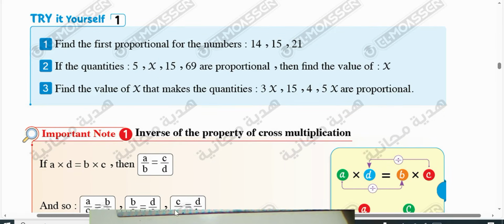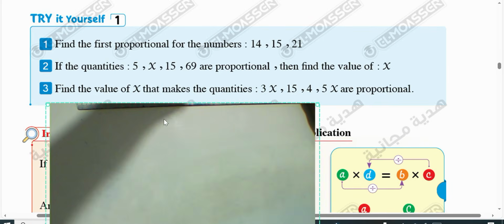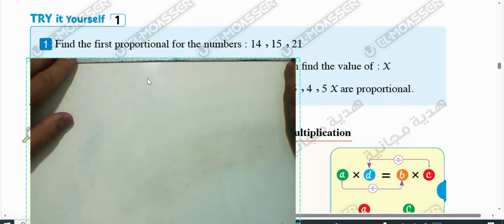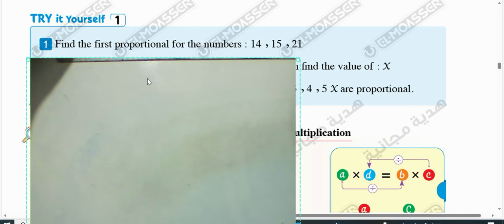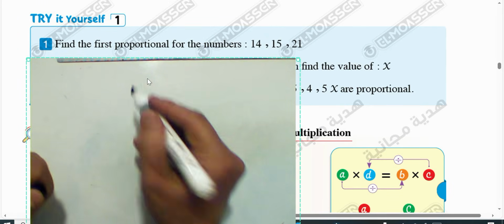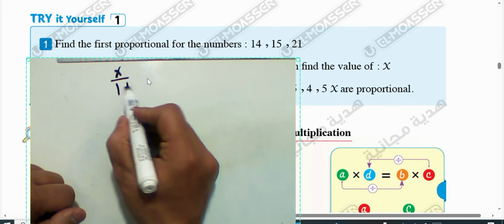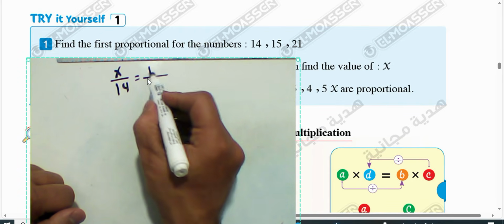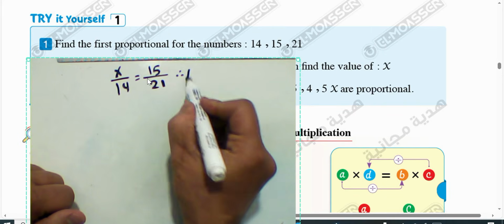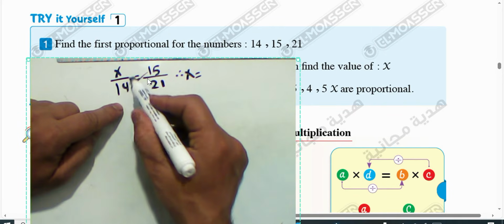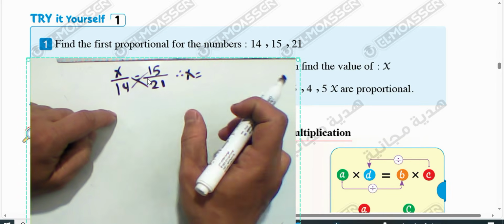Number 1. Find the first proportional for the numbers 14, 15 and 21. We want to find the first. Put x here for the first: x over 14 is equal to 15 over 21. Then we can find the value of x by product of means equals product of extremes.